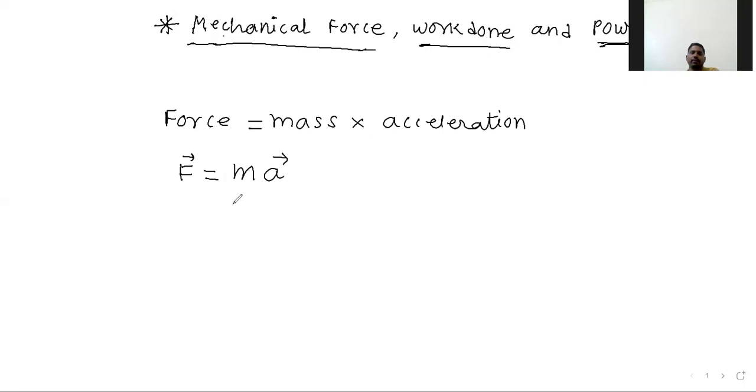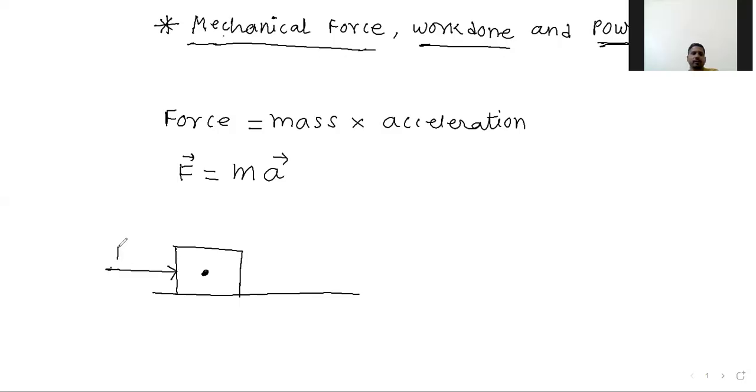Now to calculate the work done, I'll take a simple example. Consider a block of mass small m, whose center of mass is this, on which a force is applied.